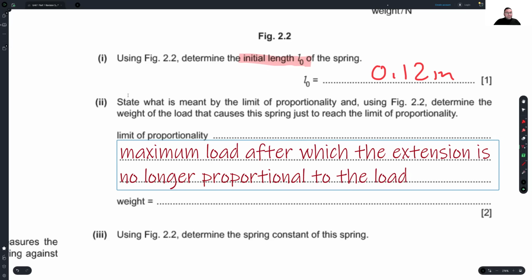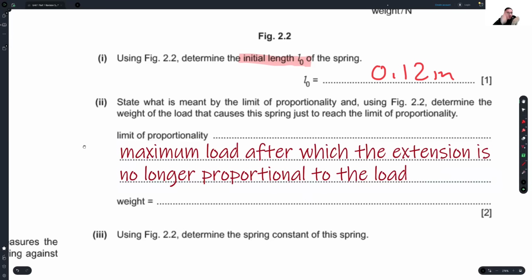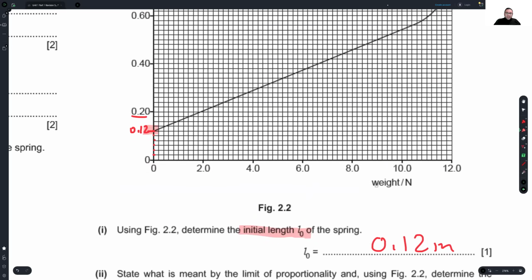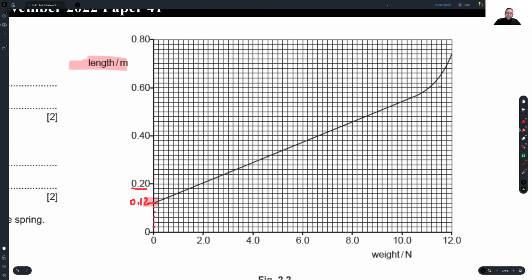It's no longer a straight line. Now, asking for the weight means what is the weight after which it starts to curve. This will usually have a range, a very small range.